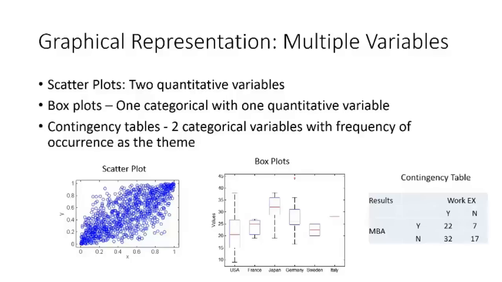Finally, we come to the use of contingency tables out here on the extreme right. The idea is that when you have two categorical variables, and what you're interested in representing is the frequency of occurrence, the frequency of occurrence being the theme of the data set, then contingency tables are great ways to do that.